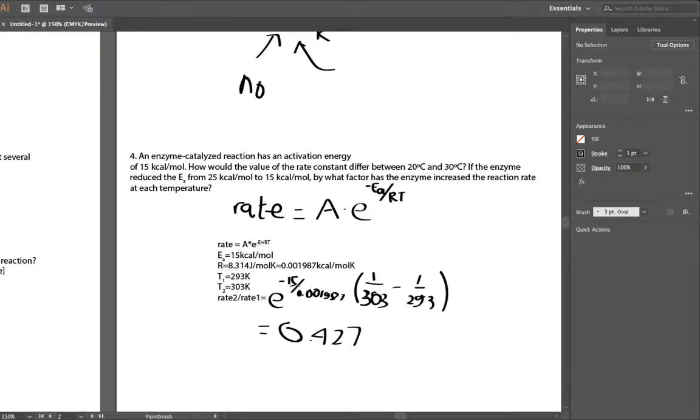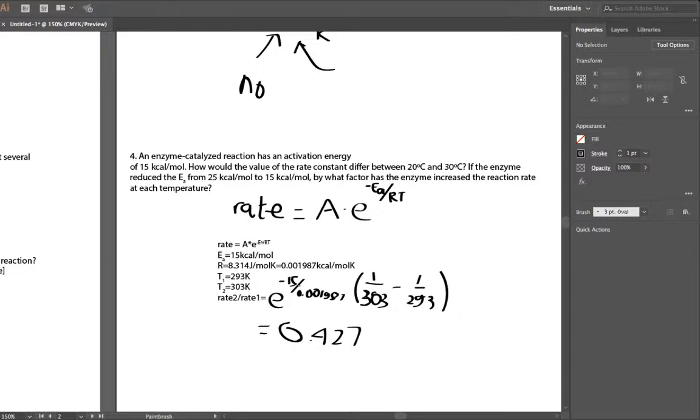According to my mind, there's something wrong, but I cannot determine what it is. The rate must be something, right? What I find is actually the ratio. And if rate 2 divided by rate 1 is a number below 1, that means rate 2 is lower. But the math doesn't make sense now.